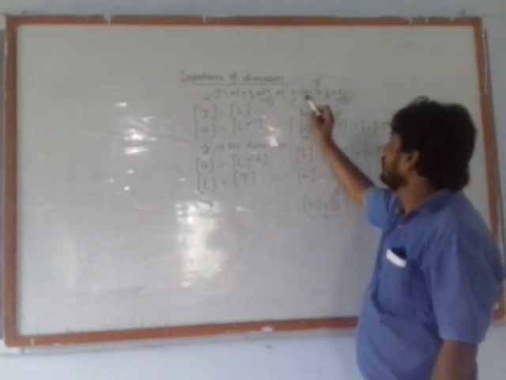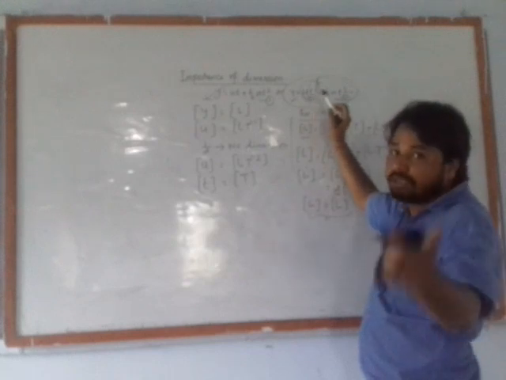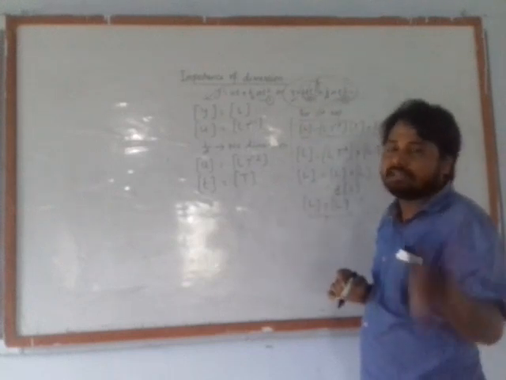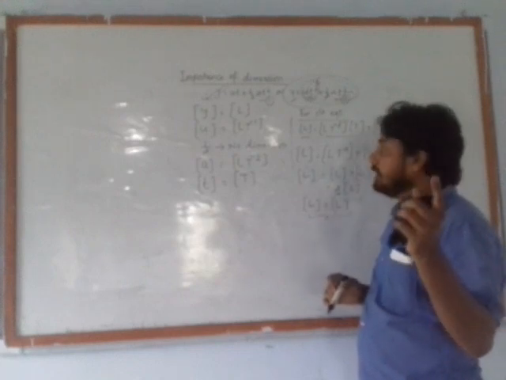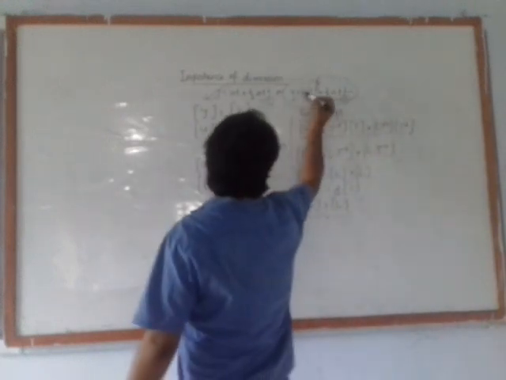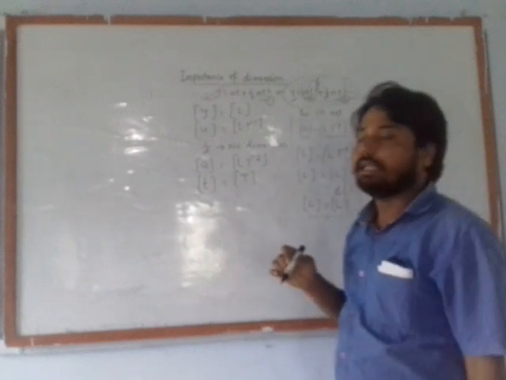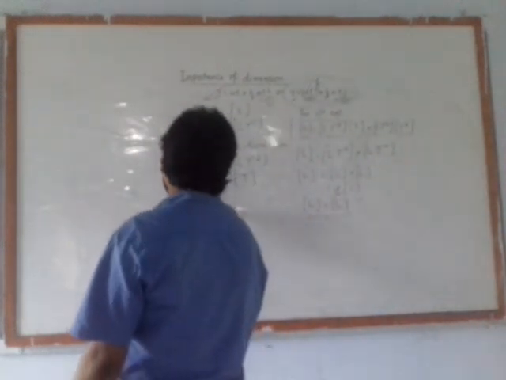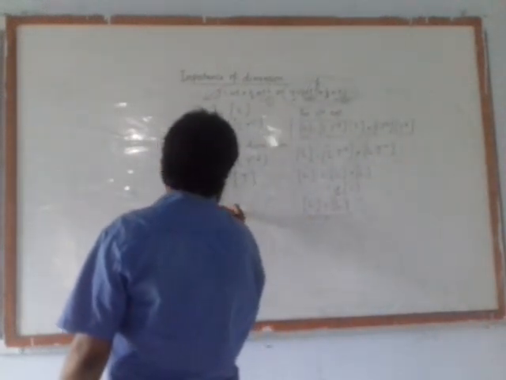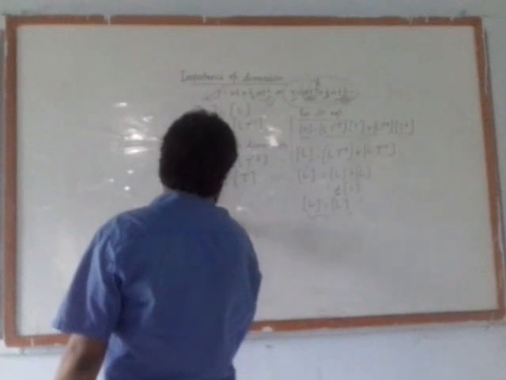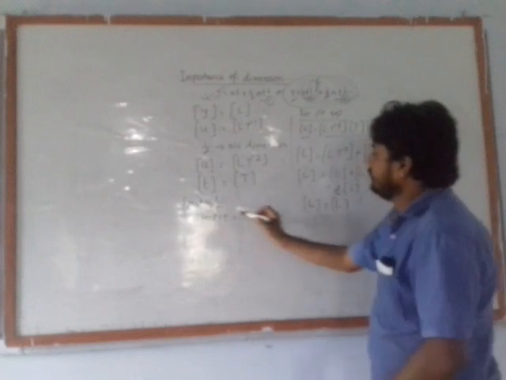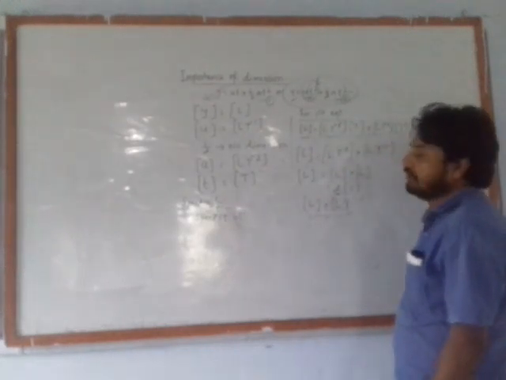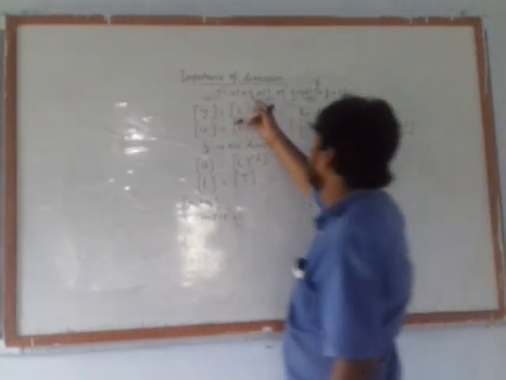Length is multiplied by time, then only distance will come. Speed is length by time, then if you multiply speed with time, then only length will come. And if I put a square here, then it won't be equal. That's why this equation is correct.